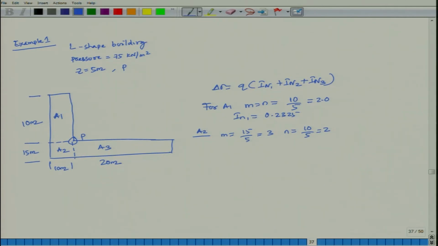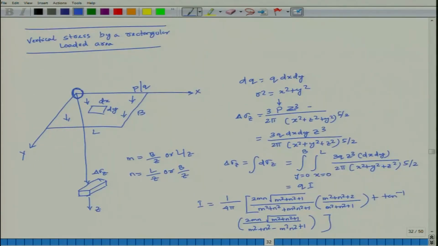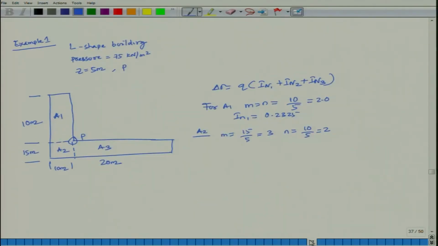So, based on M and N, you can find I directly by using this formula. Either you can use this formula, or find it from the chart, it will be 0.2378.